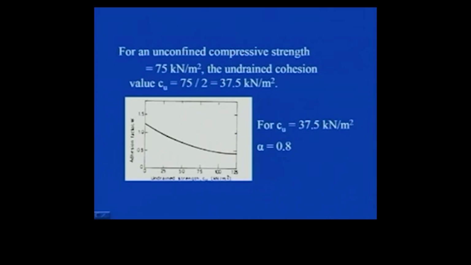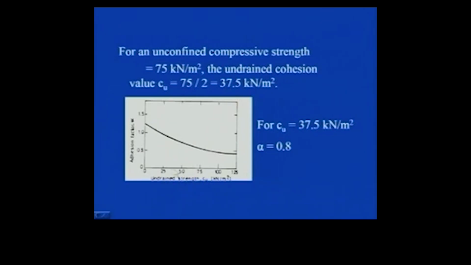And as we discussed in the last class, research workers have given the standard chart to know the value of adhesion factor which has to be used in the estimation of load carrying capacity of pile in clay, corresponding to this value of undrained cohesion. If you remember, we used this kind of chart. Here Cu is 37.5, on the x axis it is Cu.